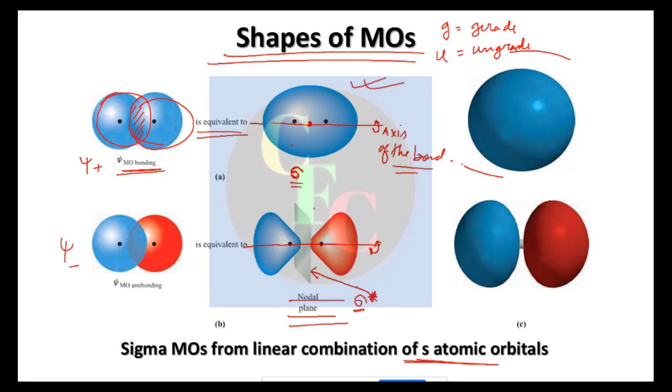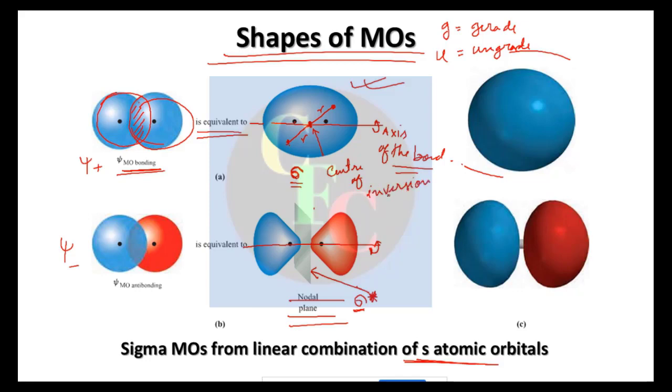If you have any point here and you travel a distance R, then on the opposite side, if you again go R, you will find a point which is similar to this point. They are equivalent points.